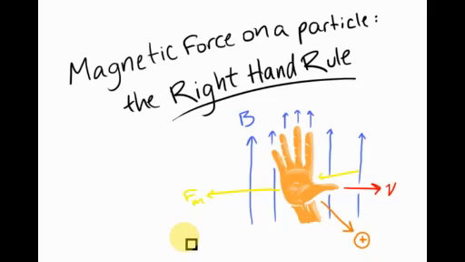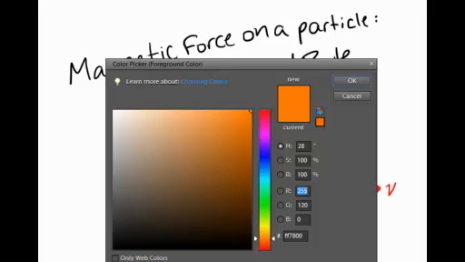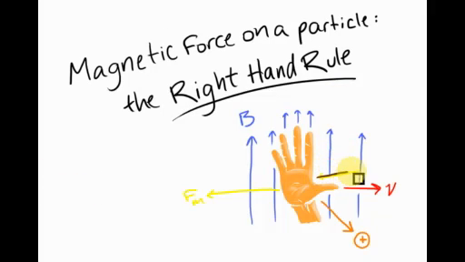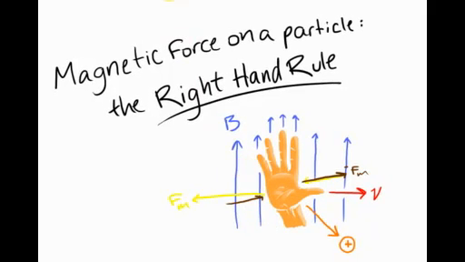Now if it was a negative particle, it would move in the other direction, out from the back of your hand. So let's say if this was negative, it would go that way. And that would be your negative particle. So that's the basic right-hand rule.